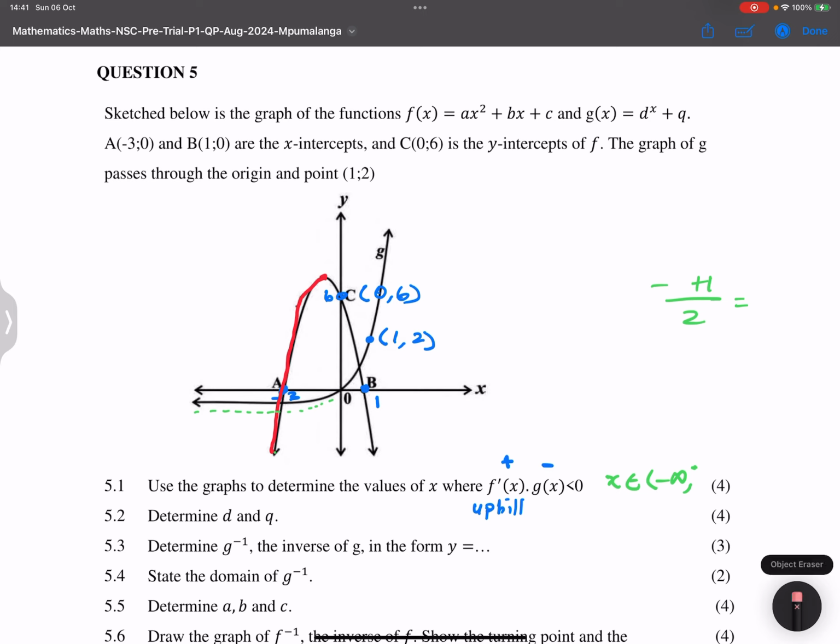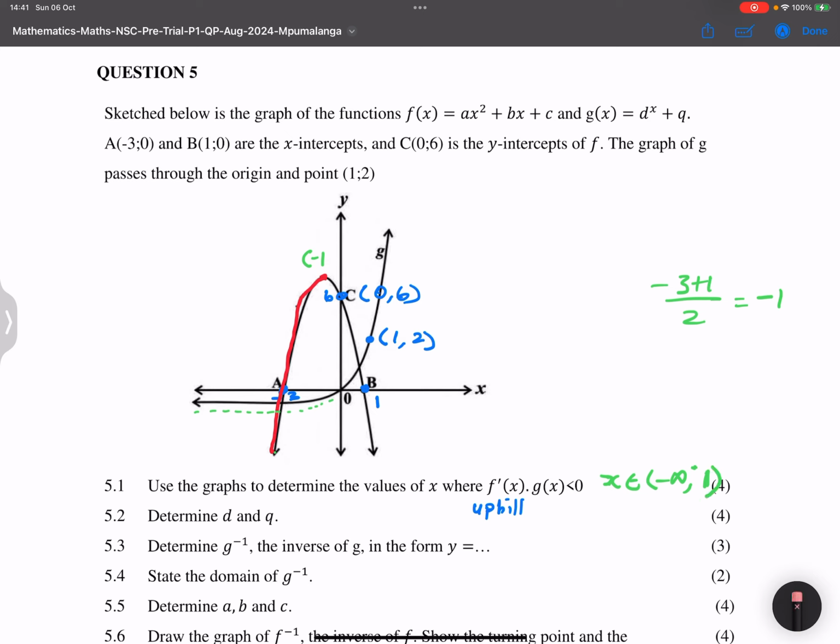That's -3 plus 1. So that would give us -2 over 2, which is -1. So which means the turning point there would be the point -1. So our solution would be from negative infinity until the turning point of f.